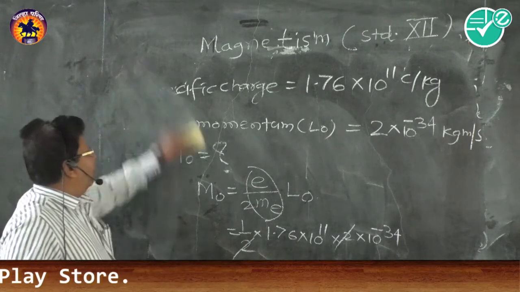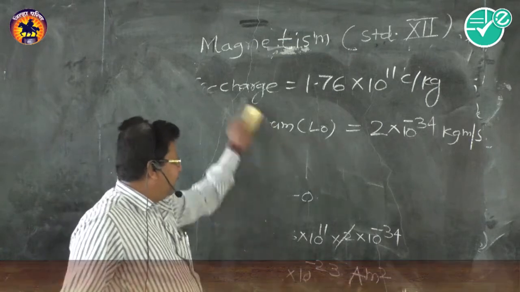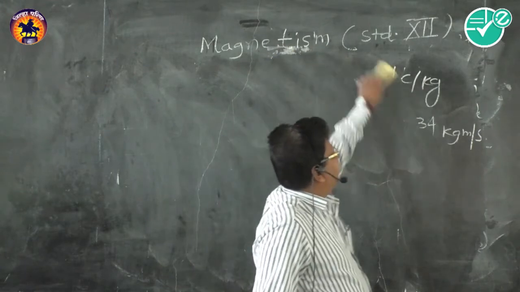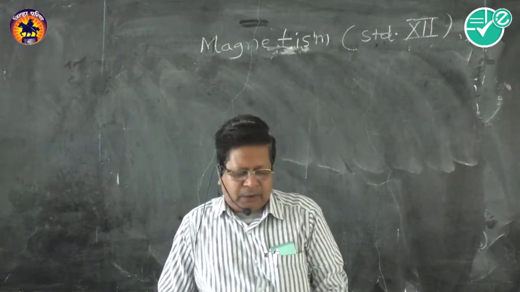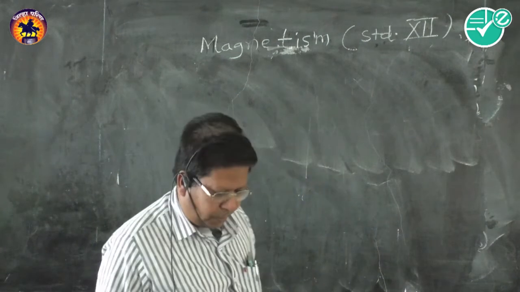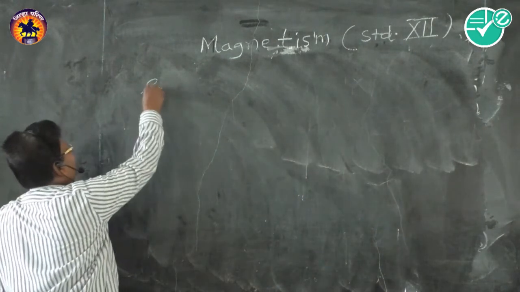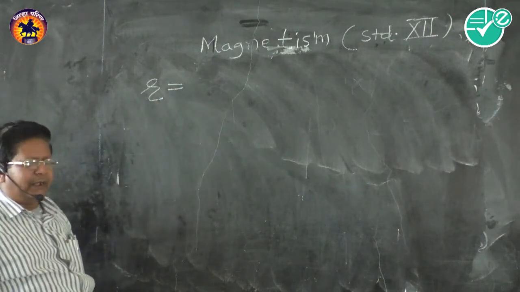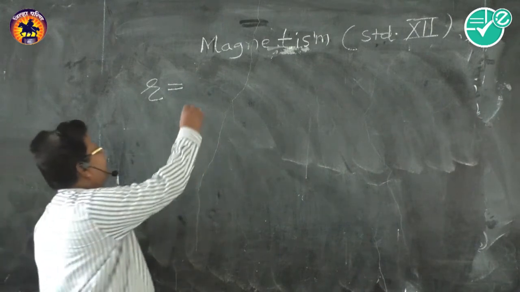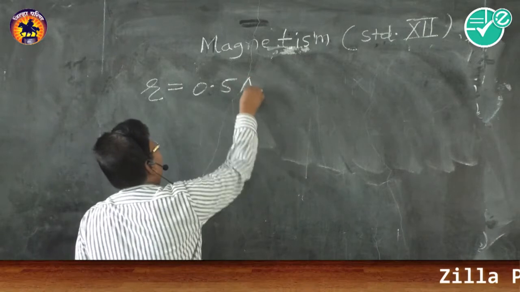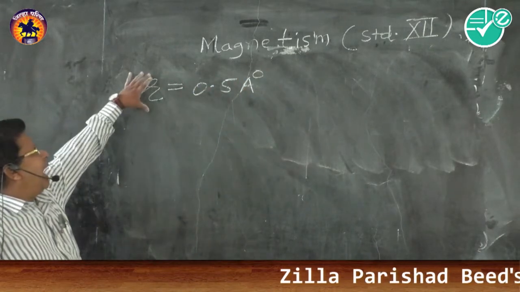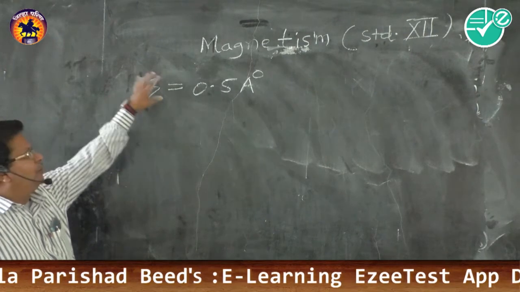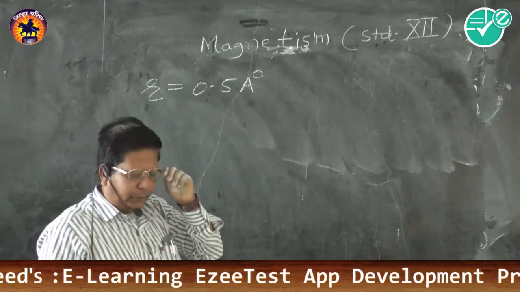Now again we take another example related to magnetic dipole moment. Suppose that the electron is revolving around the nucleus in an orbit whose radius is 0.5 angstrom unit. So r is the radius of the orbit in which the electron is revolving, which is 0.5 angstrom unit.